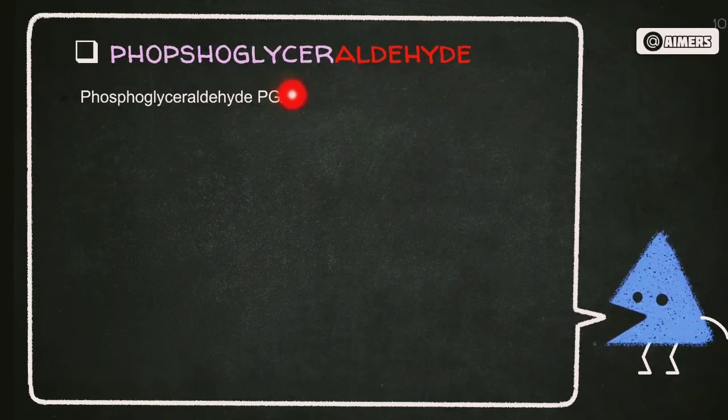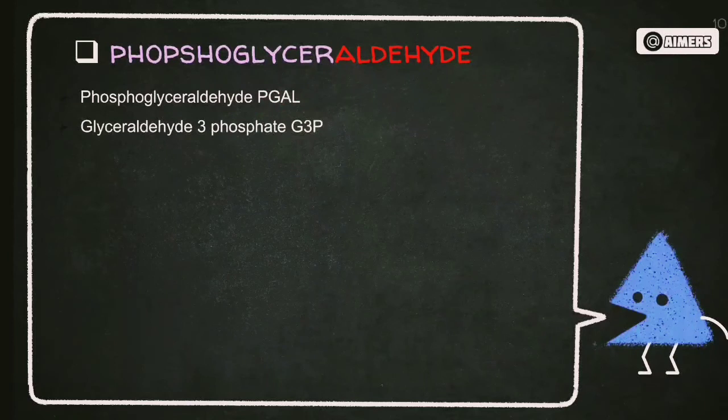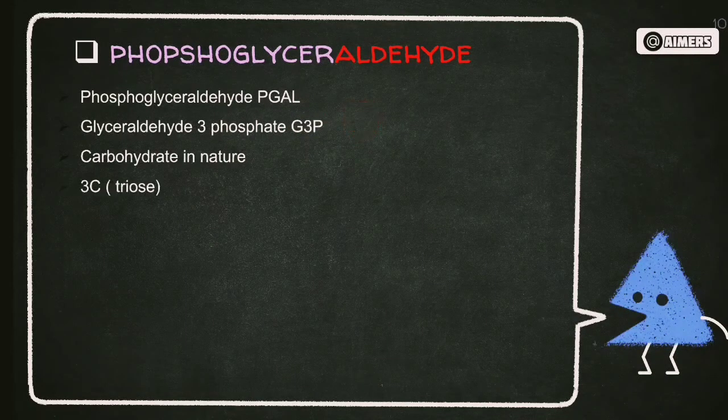Now it can also be called glyceraldehyde 3-phosphate and is abbreviated as G3P. It is carbohydrate in nature. As it is mentioned aldehyde, it is carbohydrate in nature. It is a 3-carbon compound, so it can be called triose.